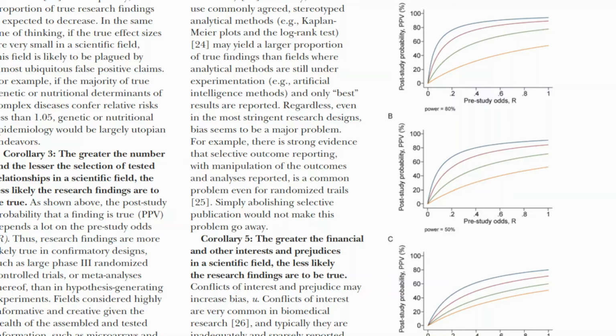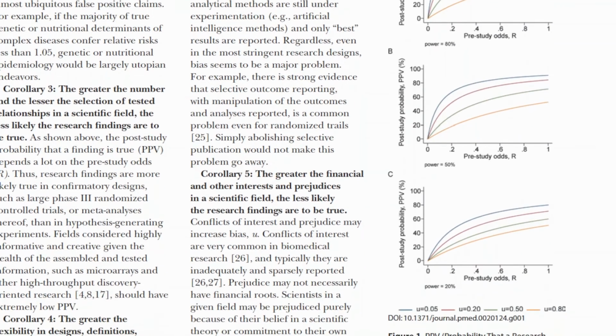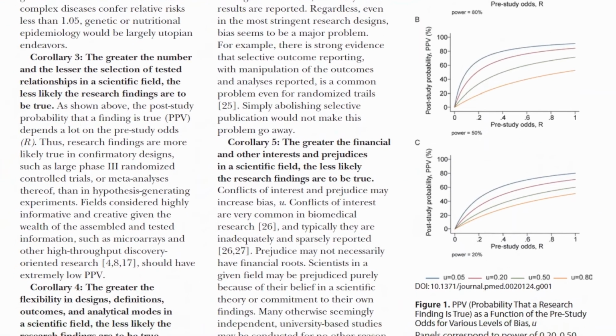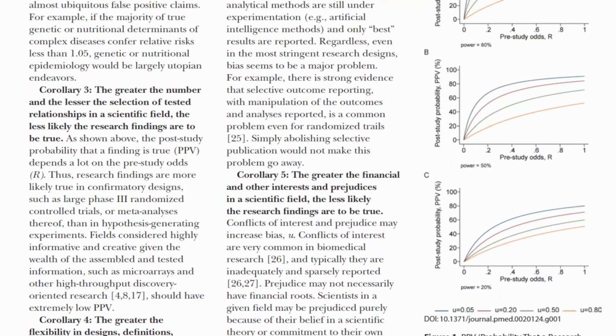So as you see here, there's this decreasing pattern as you go down these curves, and as you increase the bias, you see that the actual PPV is going to decrease. Another thing that is discussed in this section is the effect of reproducing the study, so of independent teams reproducing the study. So I guess you can talk about that.